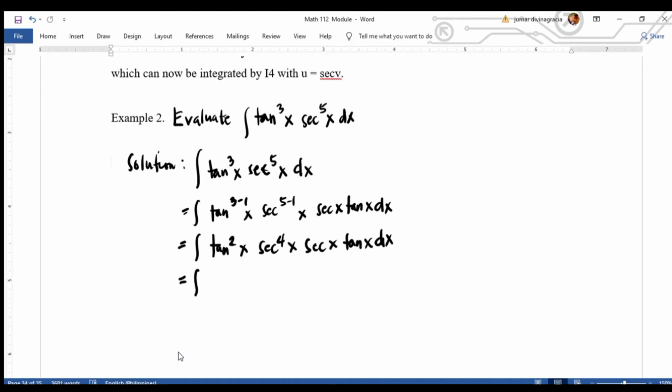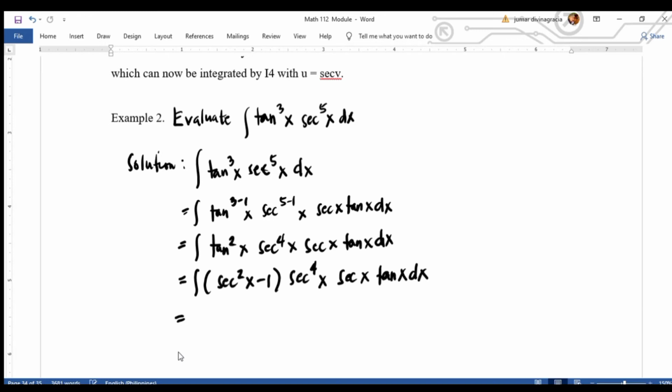So we now have secant squared of x minus 1 times secant to the fourth of x times secant of x tangent x dx.